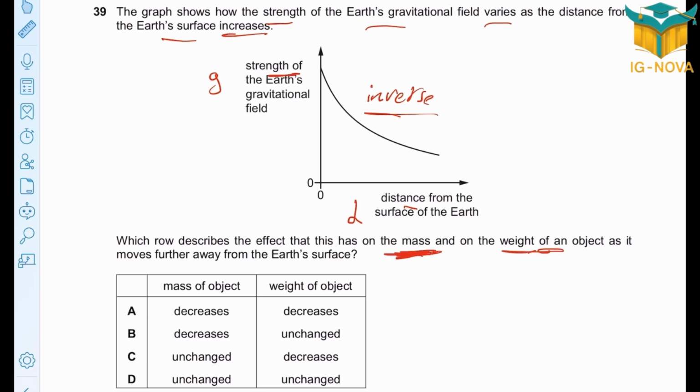For mass, we know that mass doesn't change, so A or B cannot be, it's unchanged. For the weight, as it moves farther away from the Earth's surface, distance increases, so weight will decrease. Inverse relation: distance increased, G will decrease, which makes the weight, mg, decrease also.